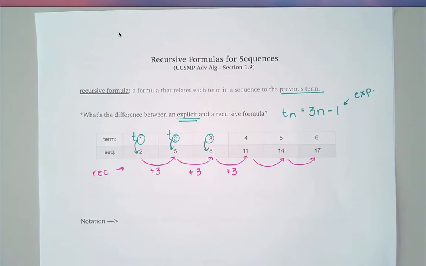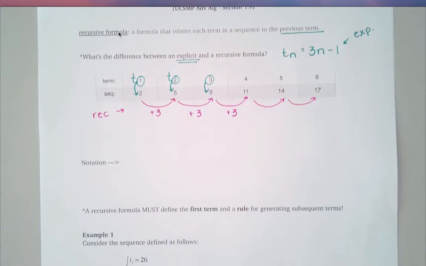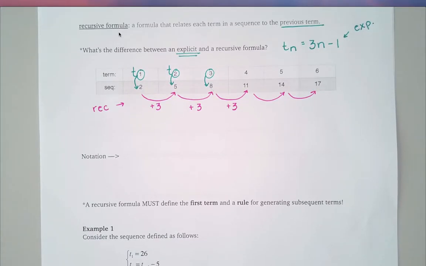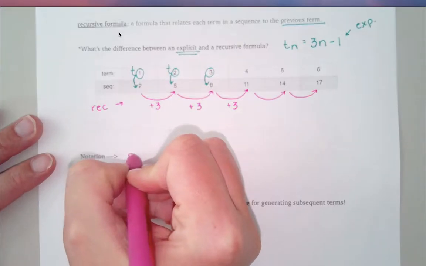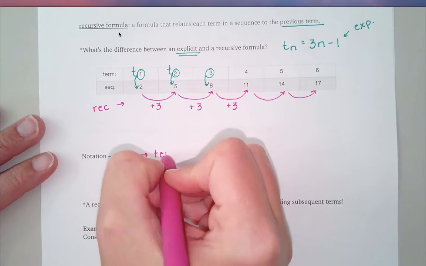All right, so let's get some notation out of the way, just some different things that are going to pop up in these problems. And some of this is common between the recursive and the explicit formulas. So first off is the n. Anytime you see an n, that represents a term number.